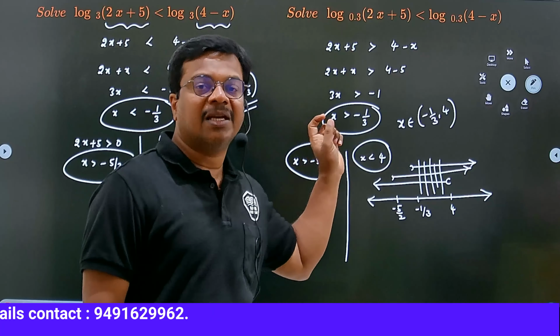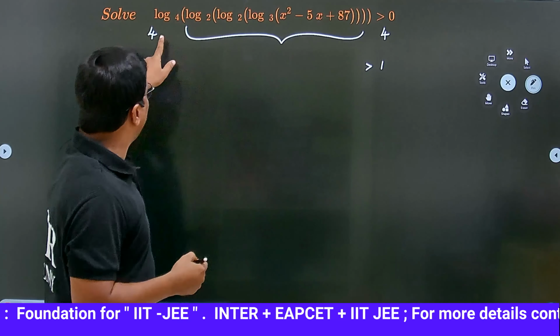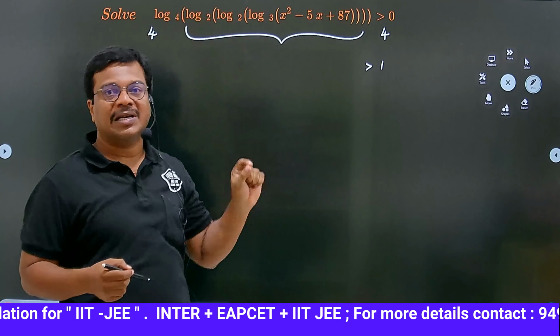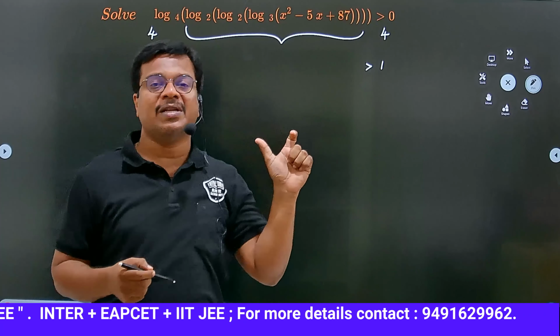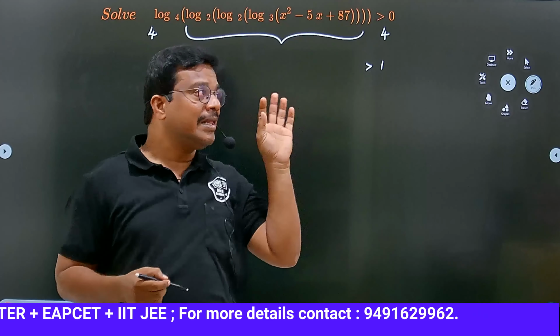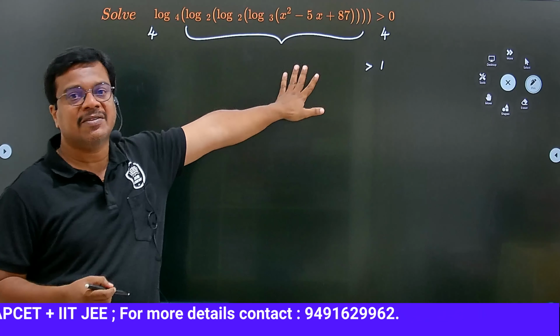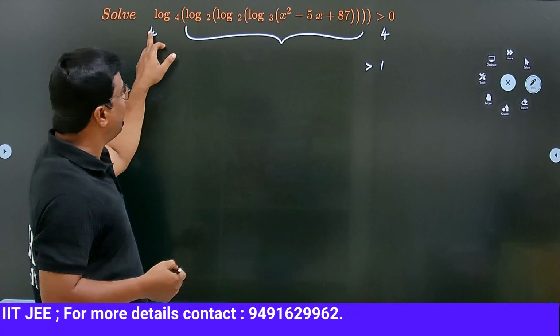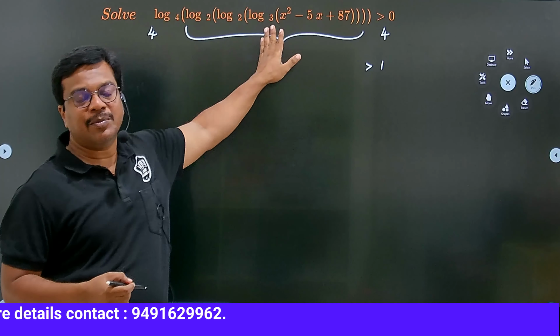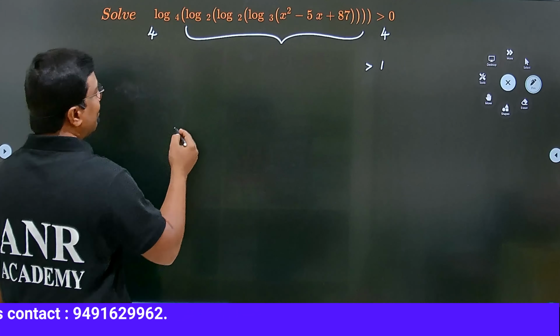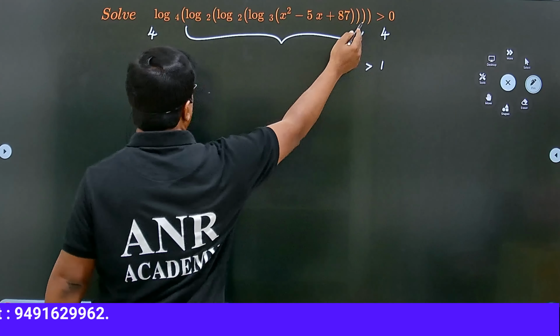There is no change in the inequality, remember, due to the base value being clearly more than 1. In case base value is between 0 to 1, then in that case you have to change the inequality. But here all the logarithms have base more than 1, so there is no need to change the inequality in this case.